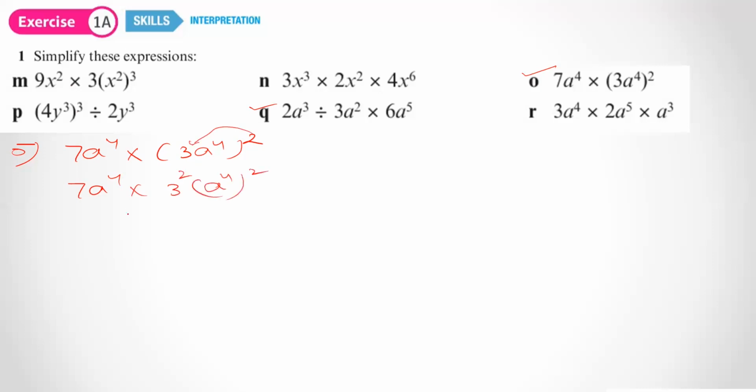Okay, so it will be again 7a power 4 times 3 square is 9, a power 4 times 2 is 8. Now you see 7 times 9 will be 63, and a will be written as it is because both a's are being multiplied, so we shall add their powers. 4 plus 8, this was 63a power 8 plus 4 is 12.